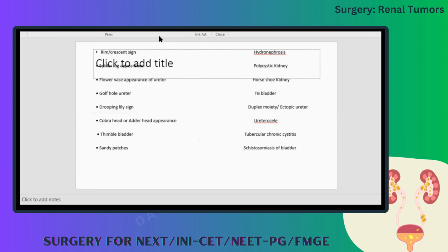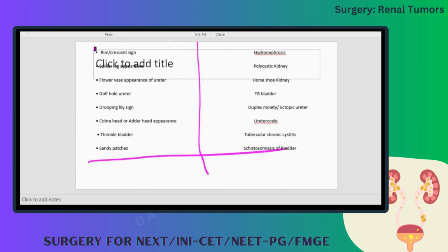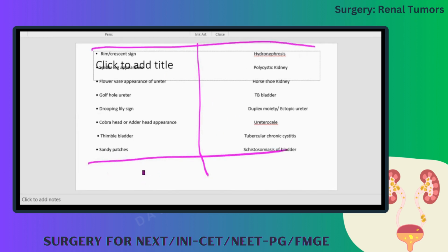Okay. So this slide you can review after, not for now, but these are very important signs of urology. So out of this, you know this Golf hole ureter. Where is this seen? Golf hole ureter.